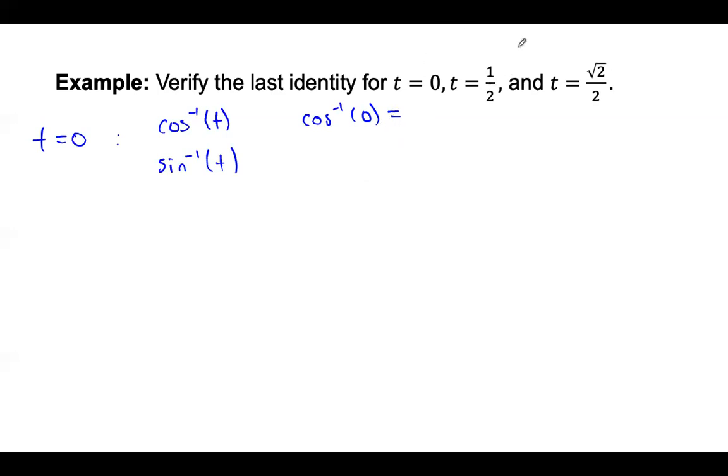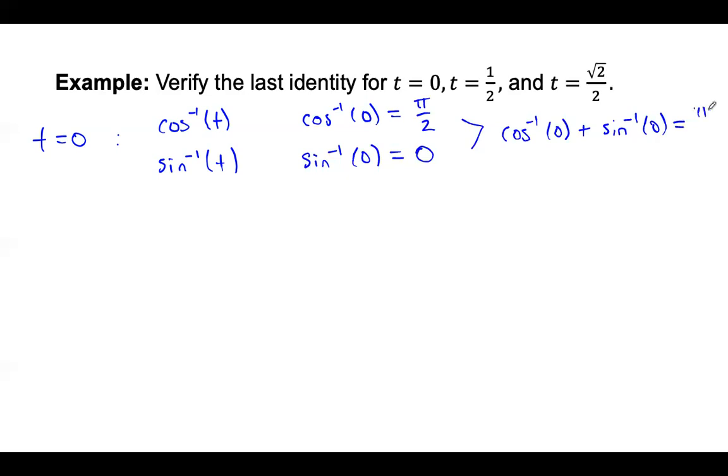So that would be pi divided by 2. And then we could do the same thing here. Sine inverse of 0, well, that's 0. Okay, so with these two combined, cos inverse of 0 plus sine inverse of 0, we get pi divided by 2 plus 0.